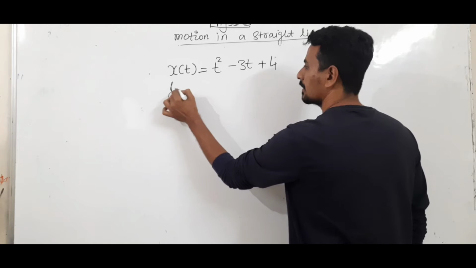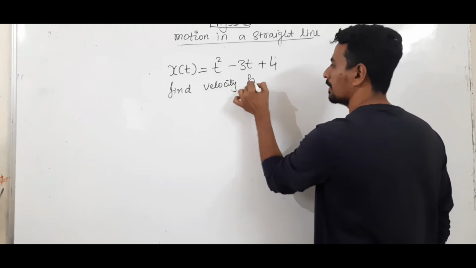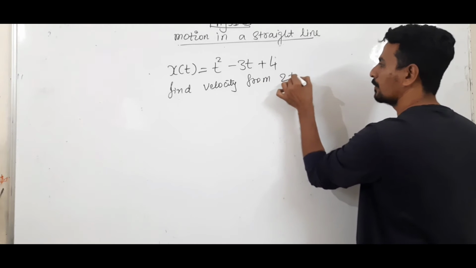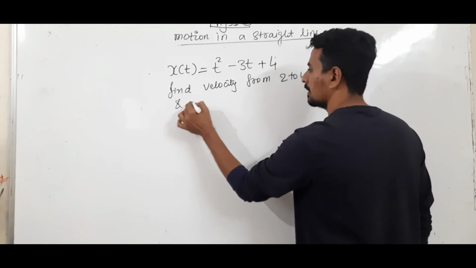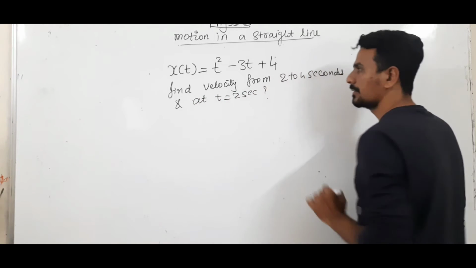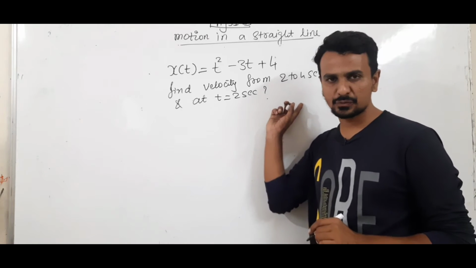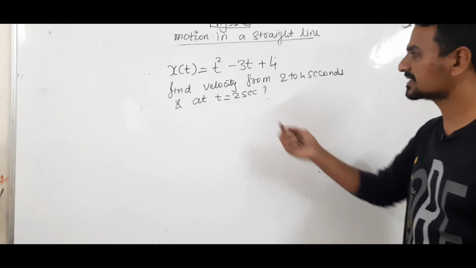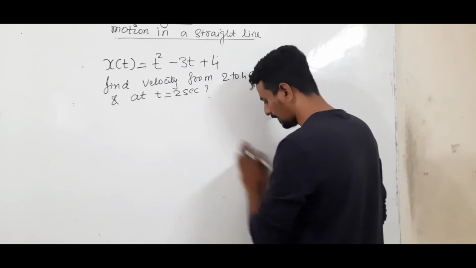Find velocity from 2 to 4 seconds and at t equals to 2 seconds. So this is the average velocity between 2 to 4 seconds and this is instantaneous velocity at 2 seconds. Okay. Fine.